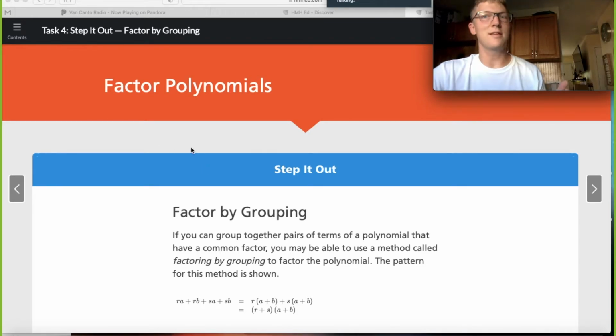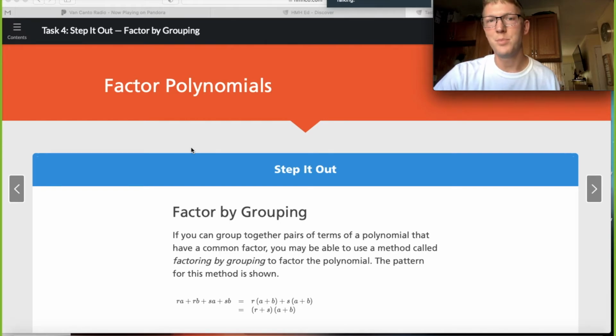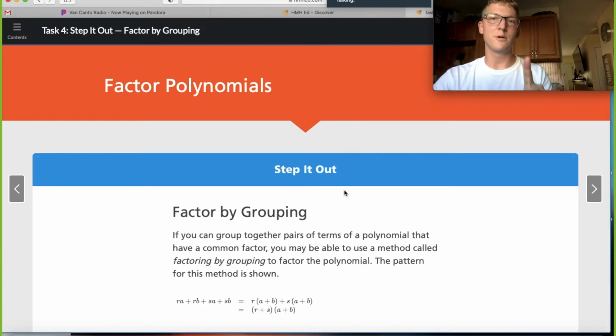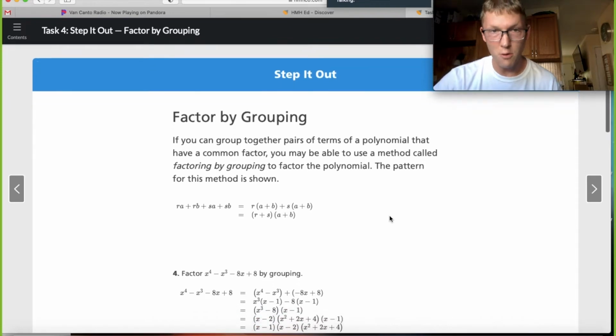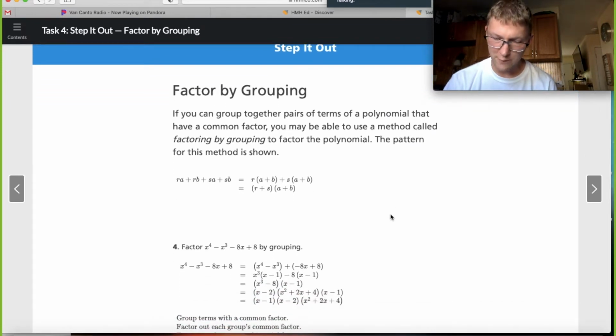This is where you can see that it can get a little challenging at times because there's no one single set way of factoring. This is where I really enjoy math because it turns into a puzzle that you have to figure out. So factor by grouping: if you can group together pairs of terms of a polynomial that have a common factor, you may be able to use a method called factoring by grouping to factor the polynomial.